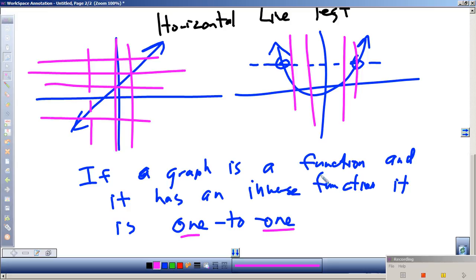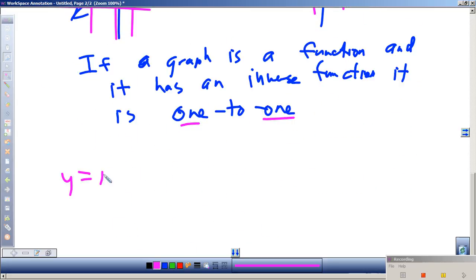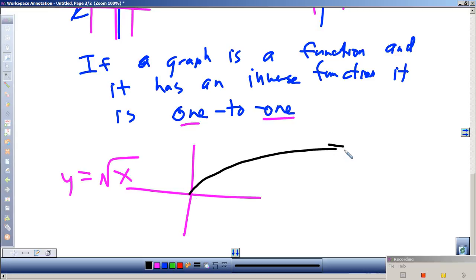So, for example, would this graph? So y equals square root of x. What does this graph look like? Does this have an absolute minimum? Yeah, it's right there. It goes to 0, right? Is this graph 1 to 1?